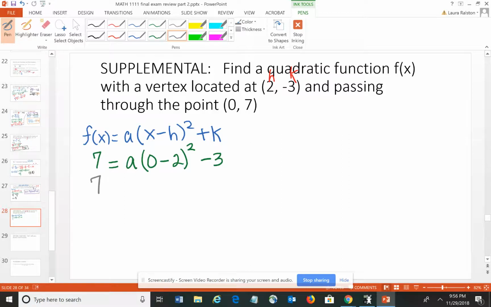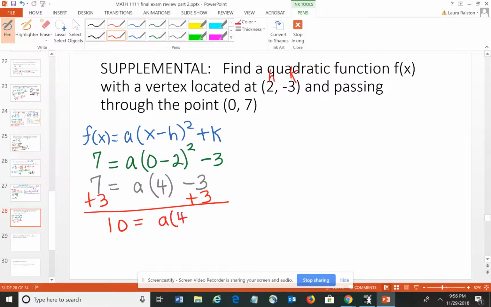So I have 7 equals a, I have 0 minus 2, which is -2, -2 squared. -2 times -2 is +4 minus 3. Then I need to isolate the a. So I'm going to add 3 to either side, which gives me 10 equals a times 4.